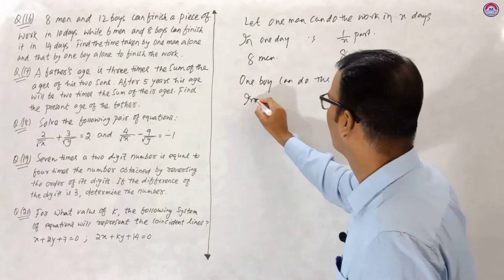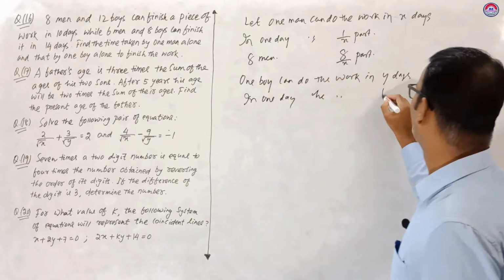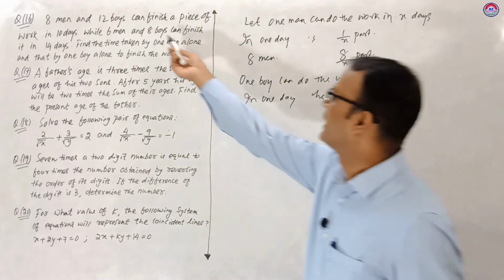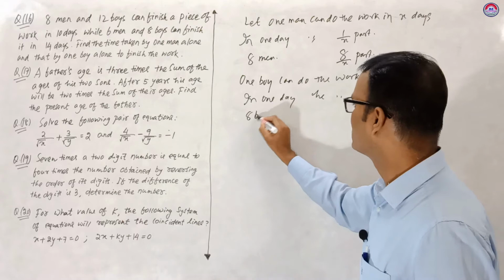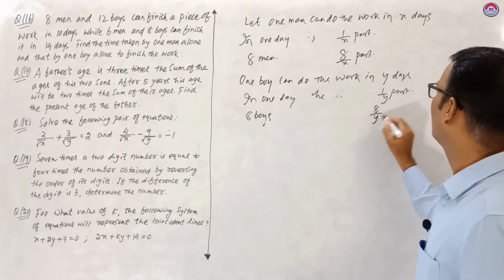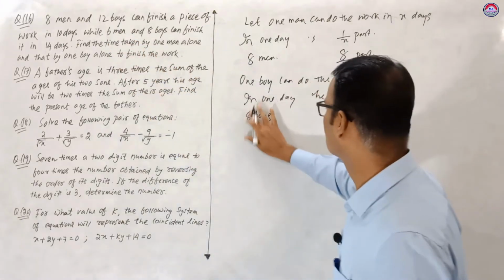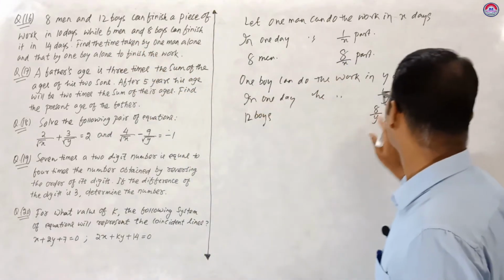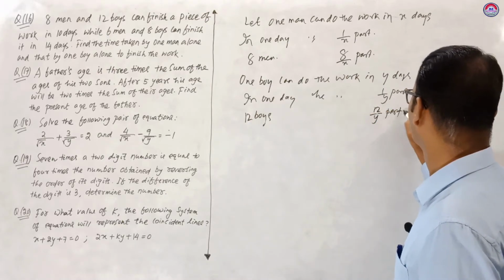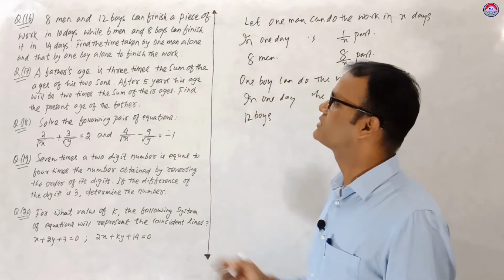So in one day he will do 1 by Y part. Here, given first 12 boys, so 12 boys in one day will do 12 by Y part.